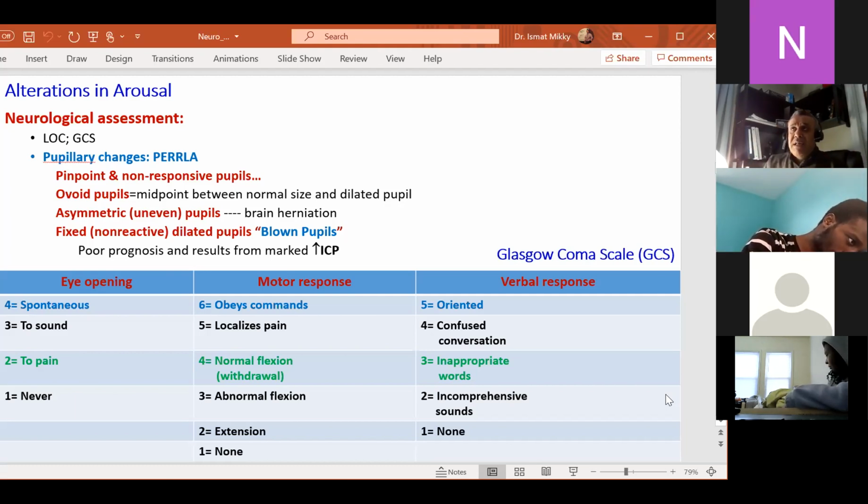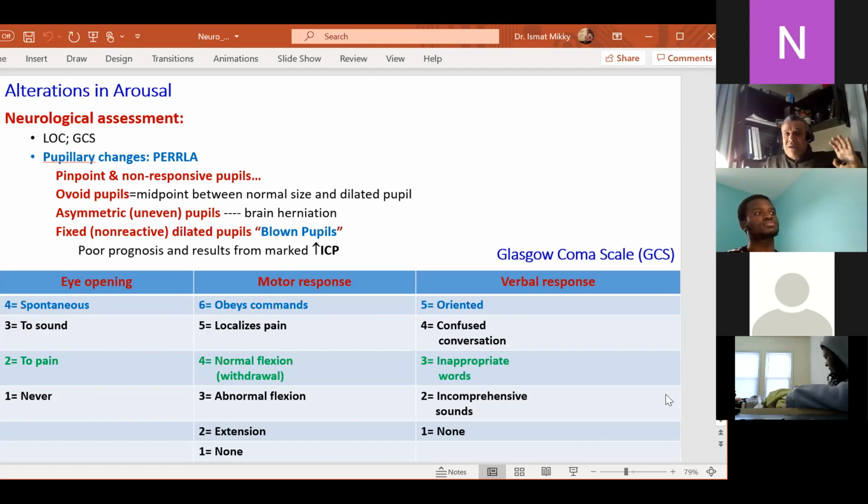That indicates a brain herniation, where there is a shifting of the brain on one side. I will explain in a minute what herniation is. That's mostly due to increased intracranial pressure.